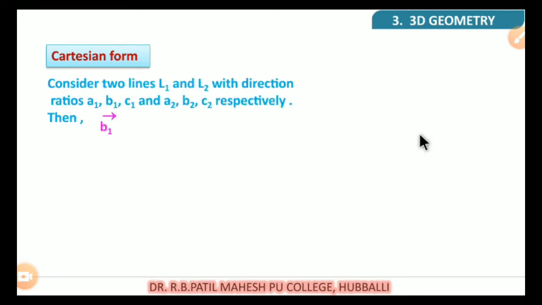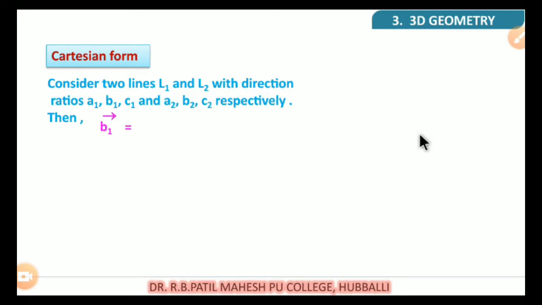Now we can write down that cos theta in Cartesian form also. Consider two lines L1 and L2 with the direction ratios a1 b1 c1 and a2 b2 c2 respectively. Means that L1 has the direction ratios a1 b1 c1 and L2 has the direction ratios a2 b2 c2.